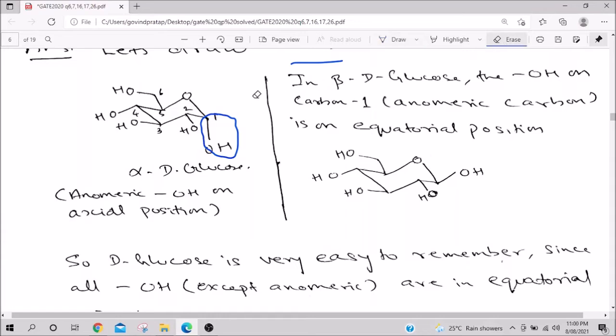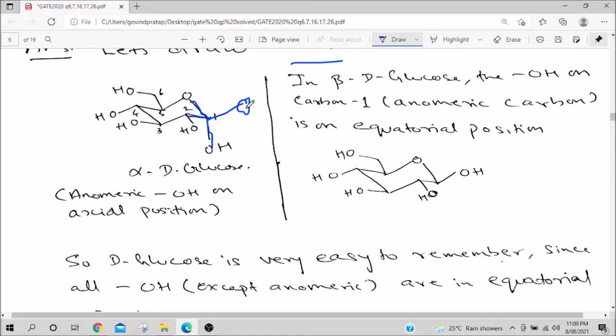If you look from carbon number 2, when you draw a cyclohexane, each carbon has 2 substituents. Like you see this carbon, no? What is happening? This is coming down, this is coming down. So, both carbons come down. So, one will go straight down, that will be axial, and one will go in the other direction, that is equatorial.